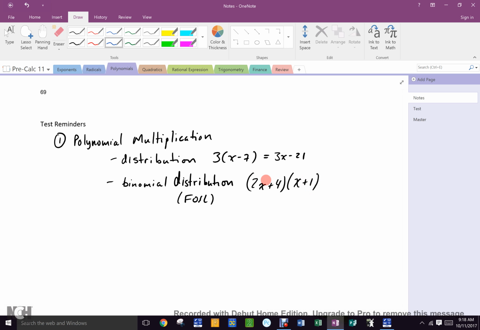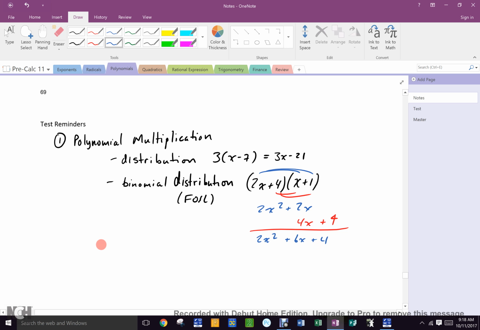And then if you were in my class, I gave you a real nice, easy way to do that. Do the first two, 2x squared plus 2x. Then do the second two, and make a new line, 4x plus 4. And then just add them up. You can do it in your head, great, or you can write it out like mine.